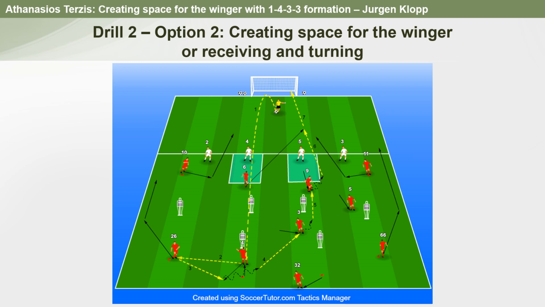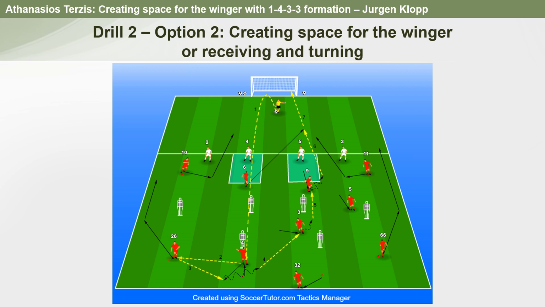This time the defensive midfielder number 3 receives between the lines and moves forward, and the forward number 9 drops back towards the available passing lane. However, number 5 of the white team decides to defend the space rather than follow number 9 deeper.